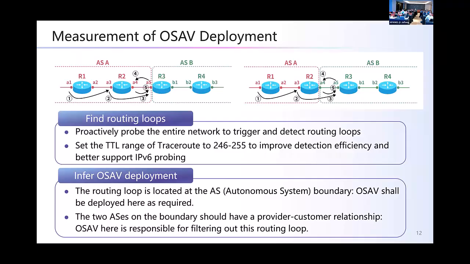Maybe it didn't give this address to any network, so it will be sent out again. So from this scenario, we can deduce if there is a loop, and also we can infer that the routers in the loop haven't done any OSIV filtering. That's the idea.